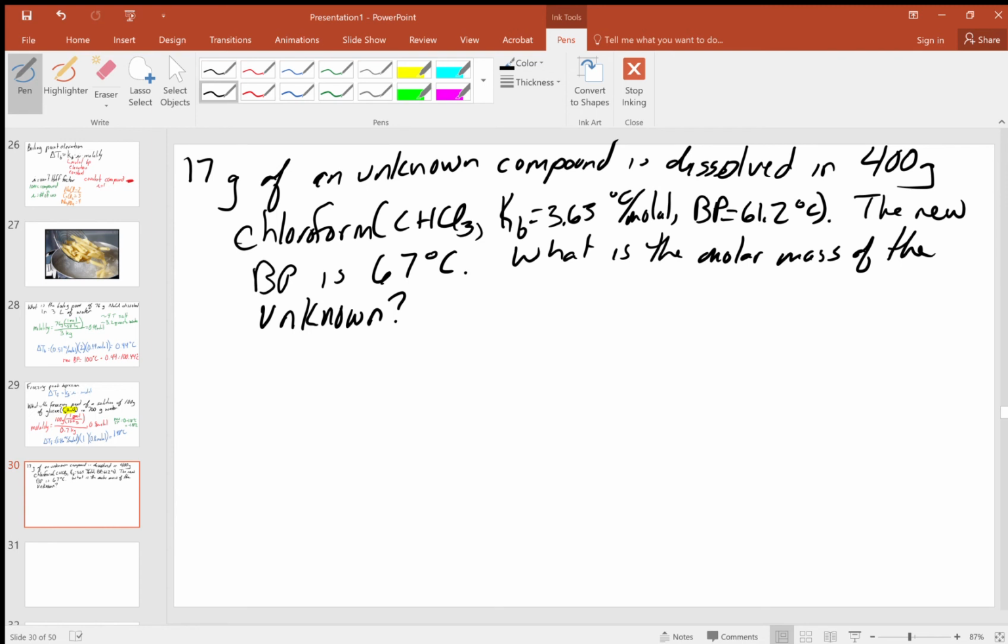Here we have 17 grams of an unknown compound, and we've dissolved it in 400 grams of chloroform. And then I've given you the normal boiling point as well as the Kb for chloroform. And then the new boiling point was 67 degrees. So we want to know what is the molar mass of the unknown.